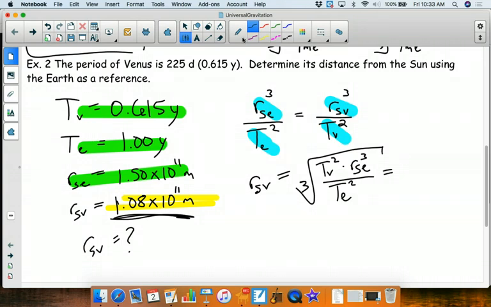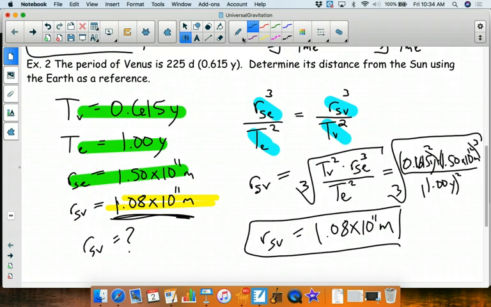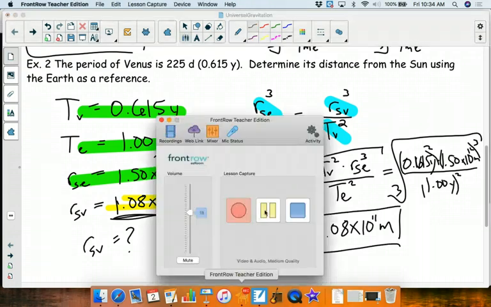And when you plug the values in, 0.6615 years squared times 1.50 times 10 to the 11 meters cubed, all over 1.00 years squared. Brackets around those, and take the cube root. And you should, in fact, get 1.08 times 10 to the 11 meters. That's awesome.